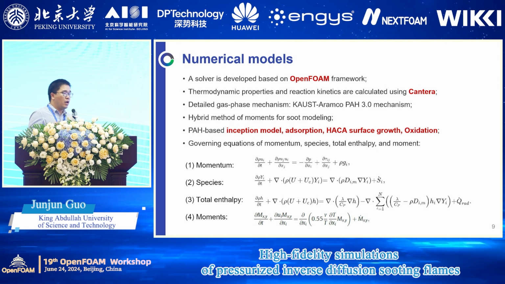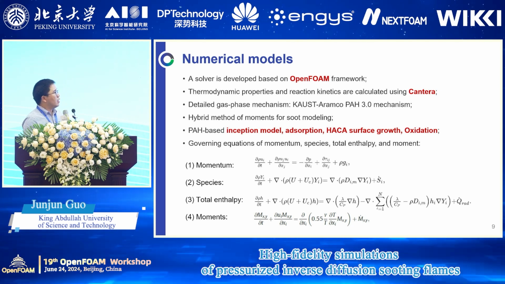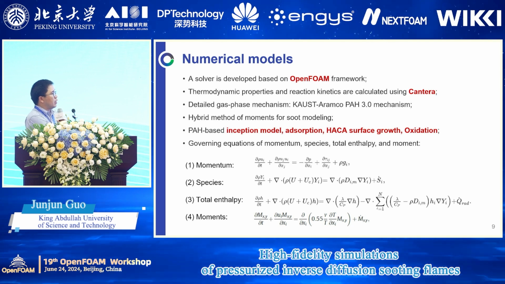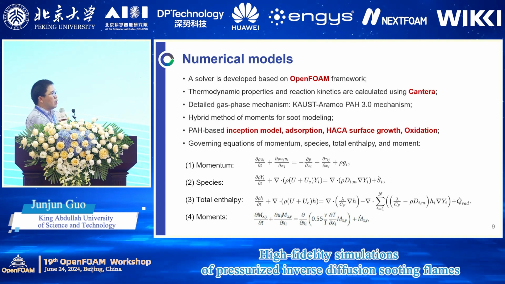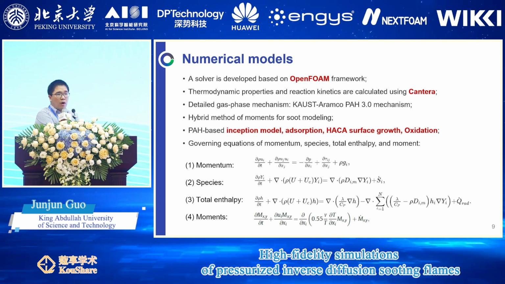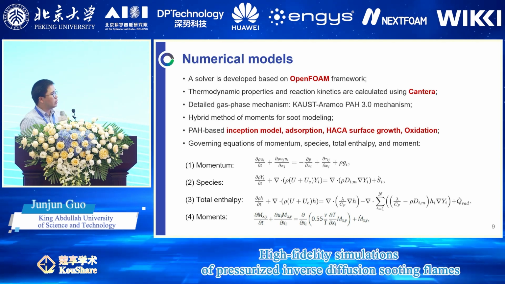So we have a coupling between OpenFOAM and Cantera. And for the gas phase mechanism, we use this reduced KAUST-PAH mechanism, which still has 115 species. So this is still a very detailed mechanism.